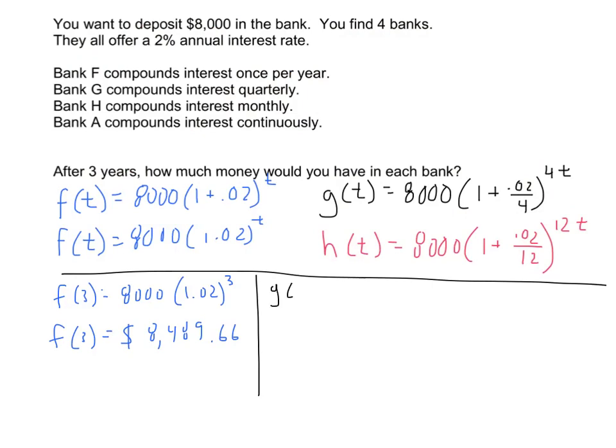For G, g of 3 would be 8,000 times 1 plus 0.02 divided by 4, to the 4 times 3 power, or we could say to the 12th power. If you plug that into your calculator, g of 3 gives you $8,493.42.